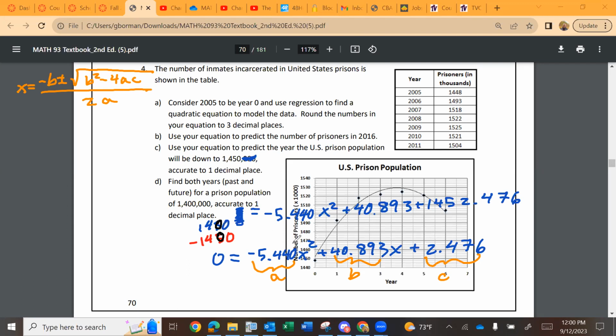That's going to be the only difference. You're going to subtract 1400 from both sides. And then everything else you do identically to what I just did on part C. Anyway, that should help you out. And don't forget to look at the examples that the author has too.